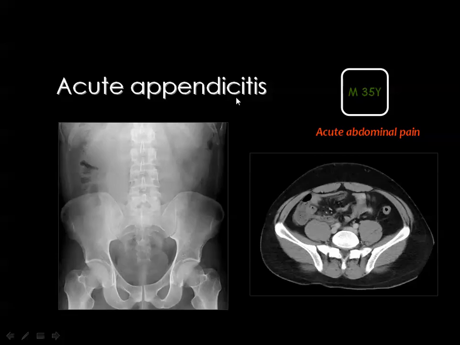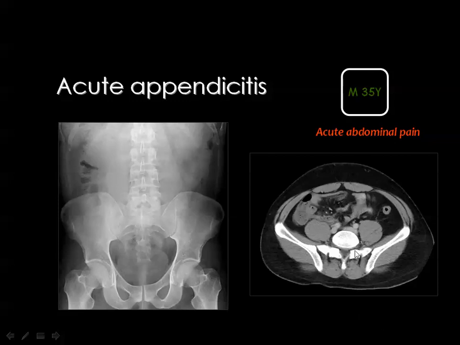But the plain film, whenever it shows the appendicolith, which will be a small calcified lesion in the right iliac fossa, may point to the diagnosis. But if not, you cannot see any abnormality in the plain film.